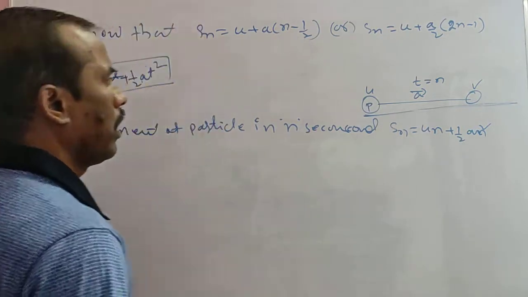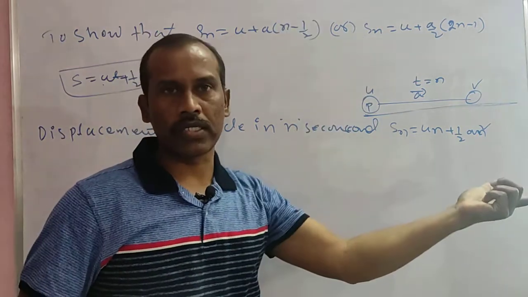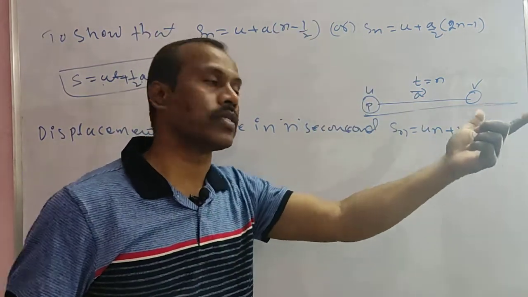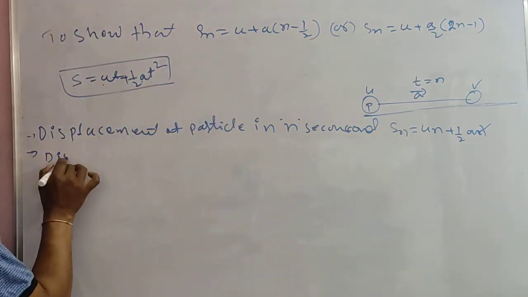Next, the particle moves along the straight line for n minus 1 seconds. This is the first one, this is the second: the displacement of the particle in n minus 1 seconds.